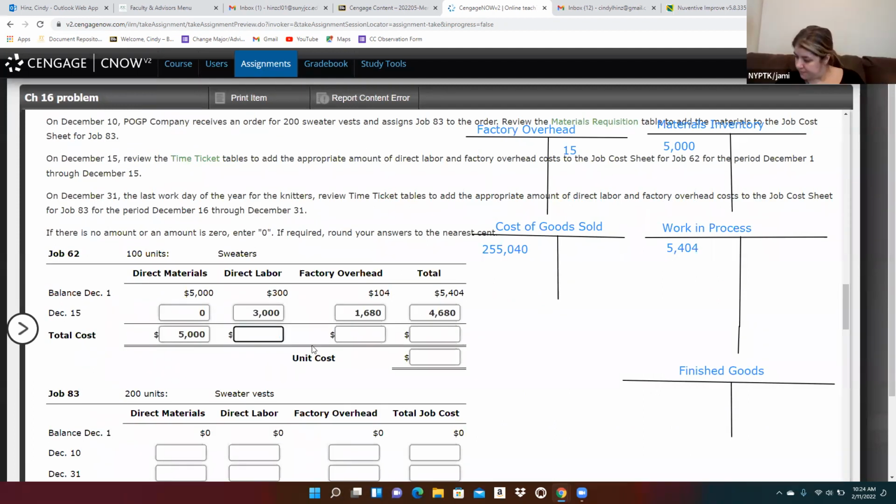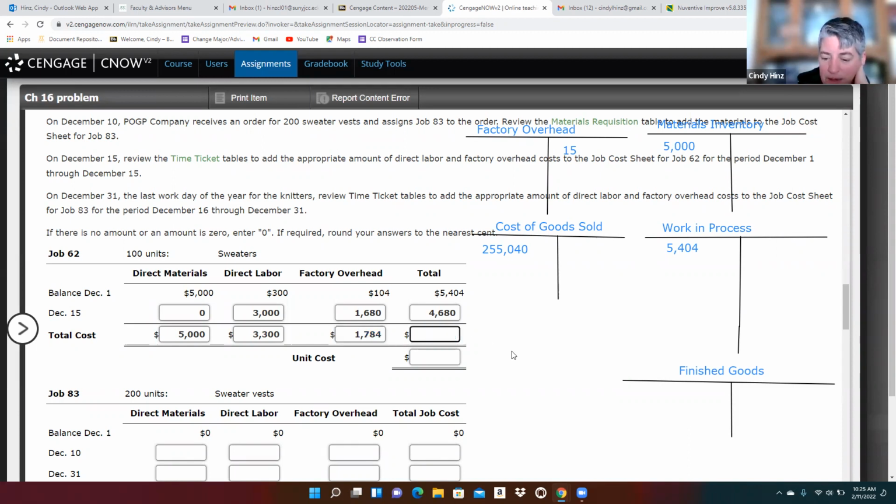Then I'm just going to add the total direct labor, the total factory overhead, and the total cost for this job was $10,084.